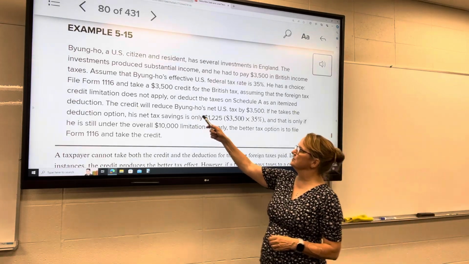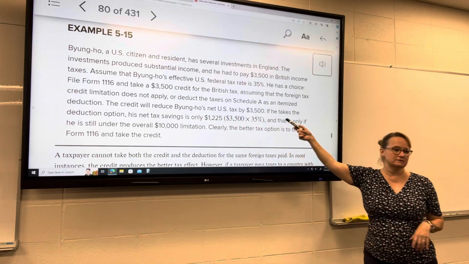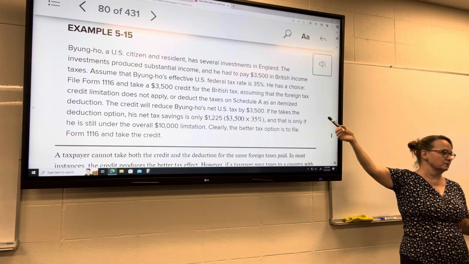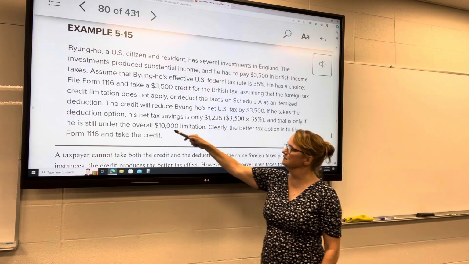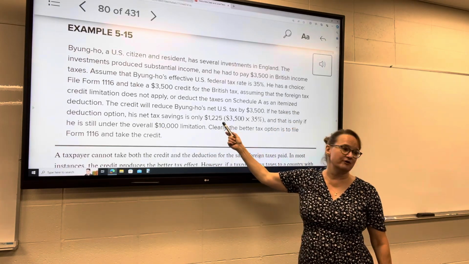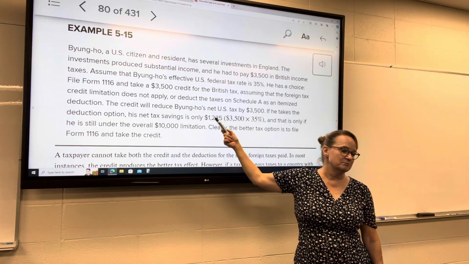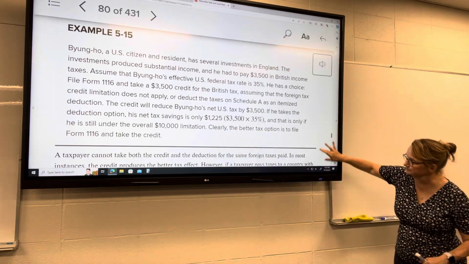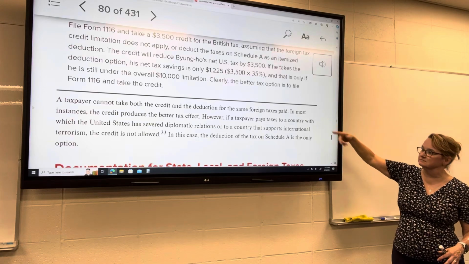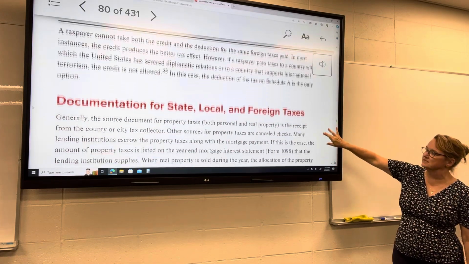The credit is gonna reduce his taxes by the full amount of $3,500. So dollar for dollar reduction. Whereas the deduction is only gonna save him $1,225 in taxes because it's a percentage of the amount that he actually paid. You can't take the credit and the deduction for the same expense.